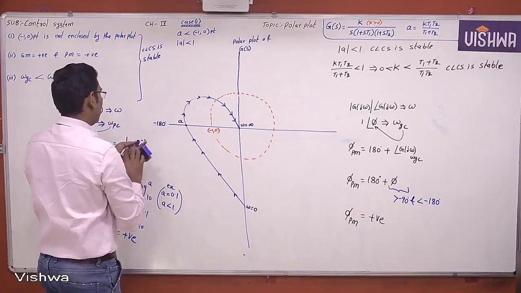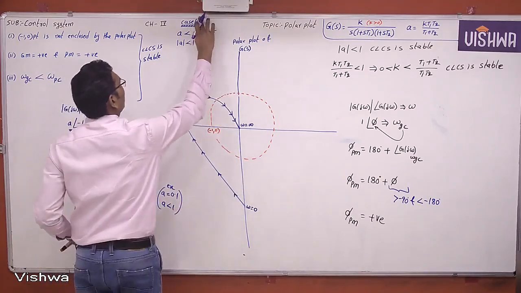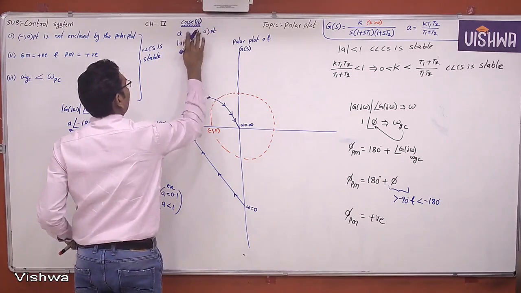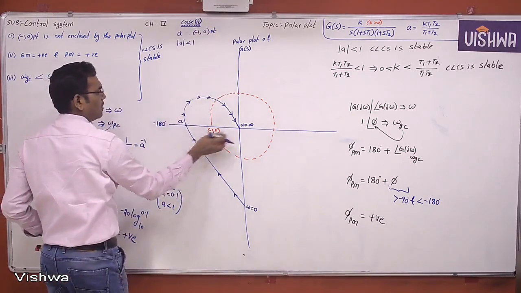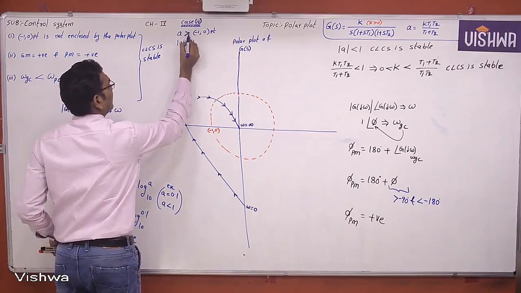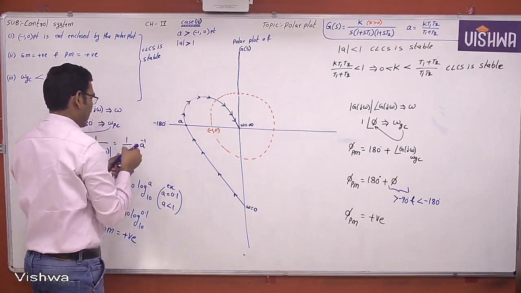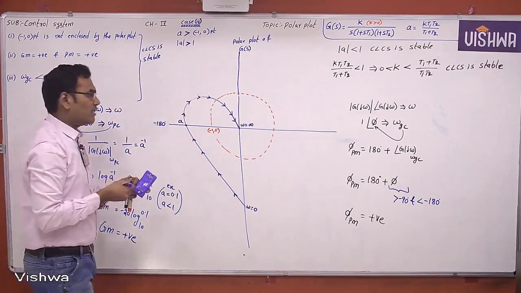Now this is case 2. What is case 2? This is A, this is minus 1 comma 0, and A is greater than minus 1 comma 0. Magnitude of A is greater than 1. I don't want all these things, I want a small shortcut relation.